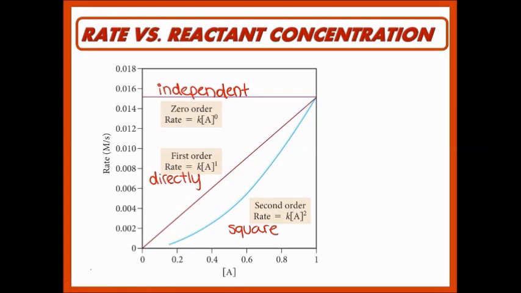If we continue this trend, for a third order reaction with respect to reactant A, the reaction rate would be related to the cube of the reactant. Remember that in this video we're just considering one reactant. In the next video we're going to discuss how to determine the order of a reaction and even consider situations where there are multiple reactants.